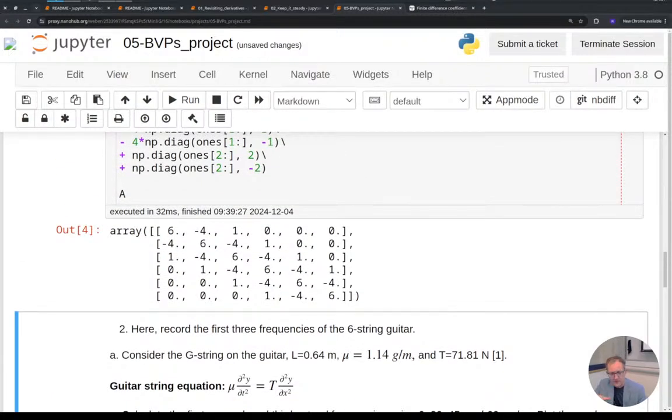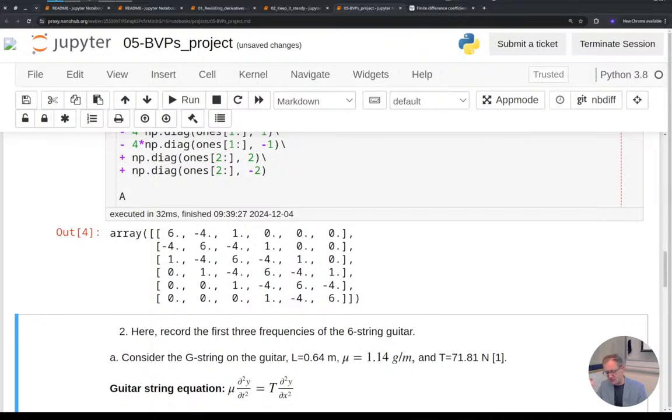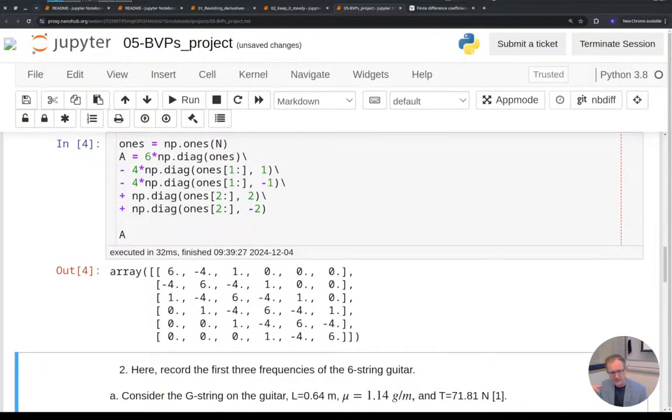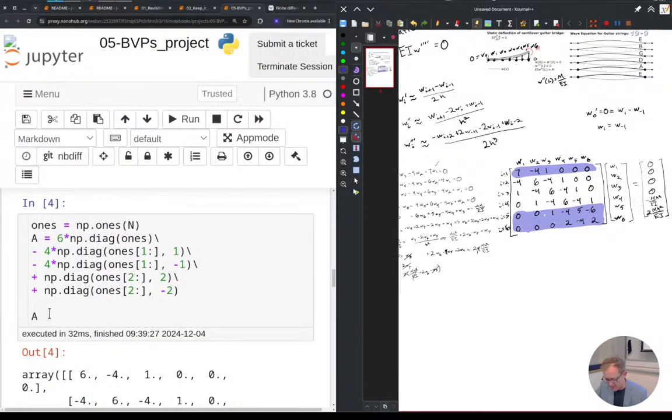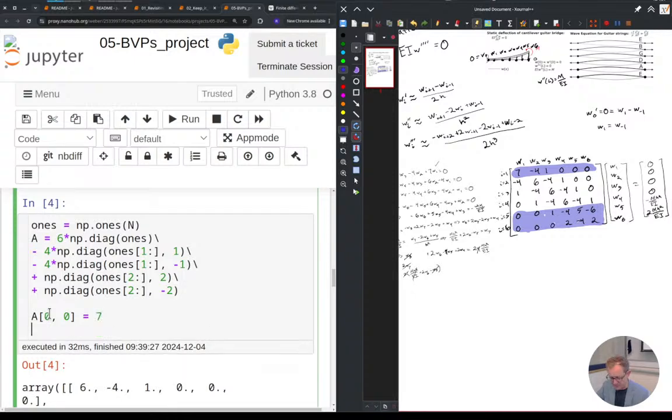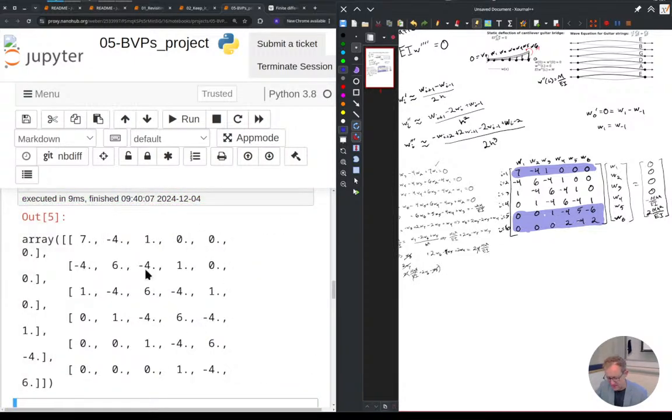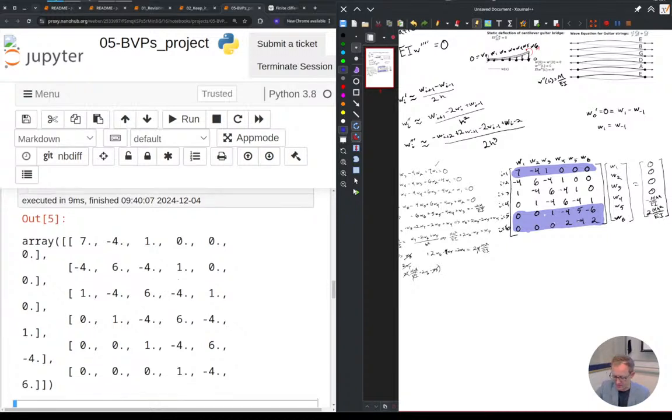So I have the general form that we need: 6's along the diagonals, then -4's, and then 1's along those different diagonal terms. But I want to replace that first row and the last row with the terms that I need. So bring that back over here, and I'm going to say, really just the first row, all I need to do is say that A00 is 7, and that'll take care of that first one. We can double check. Sure enough, there's a 7, -4, then a 1. So that's my first boundary condition that I set up.